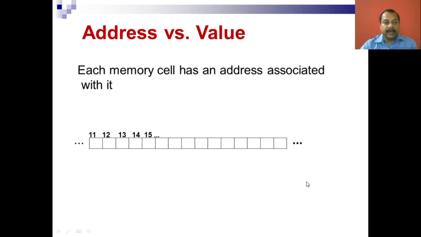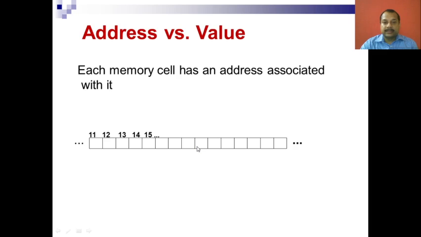Now looking inside the memory, each and every location has some address. Similar to a situation where there is a hostel or hall, and there is a room number in each hall. So that way some storage is required.